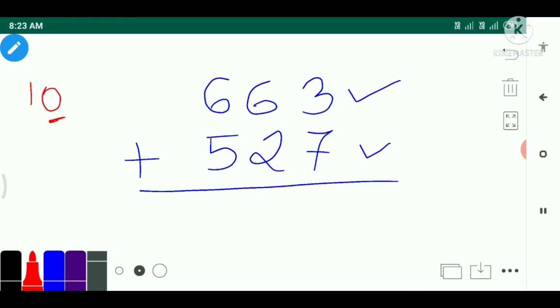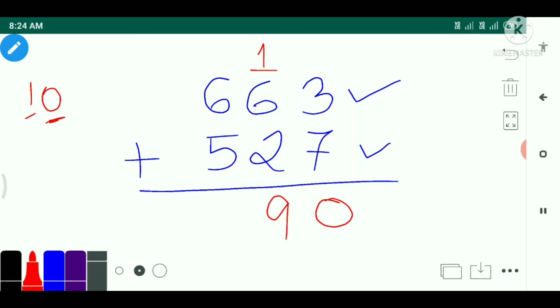So we'll write 0 here and we'll put this one, the next place value, that is tens, right? Now see in the tens place value, 3 numbers are there, 1, 6 and 2. So we'll add these 3 numbers. So 1 plus 6, it will be how much? 7. 7 plus 2, 9. So we'll write 9 here.